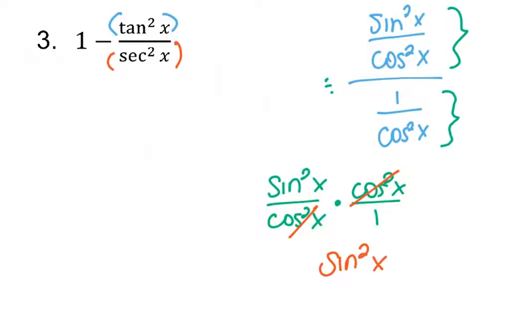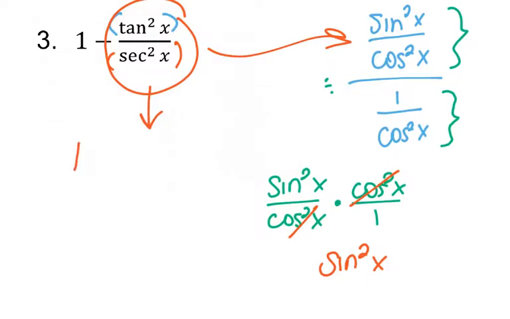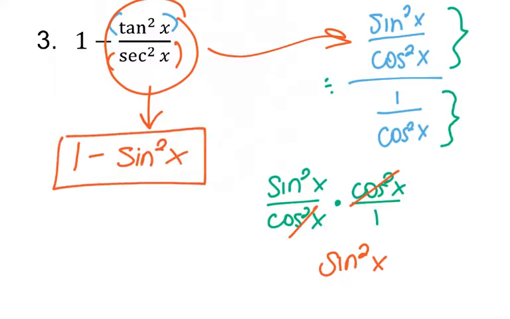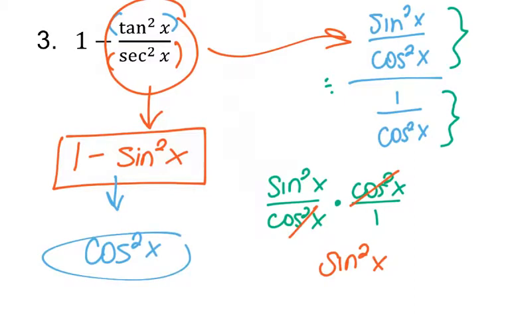So that means that all this work on the side shows me that this fraction simplifies down to 1 minus sine squared x. And we just saw in the last problem, that Pythagorean identity, that this is actually equal to cosine squared x. So this is our final answer.